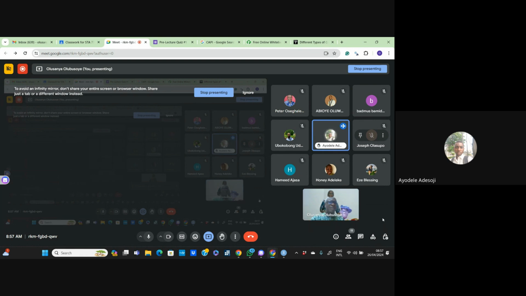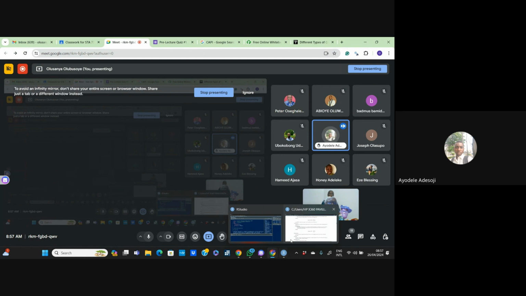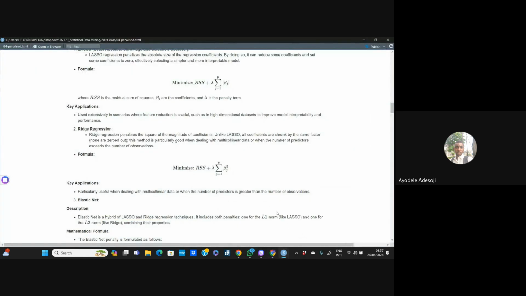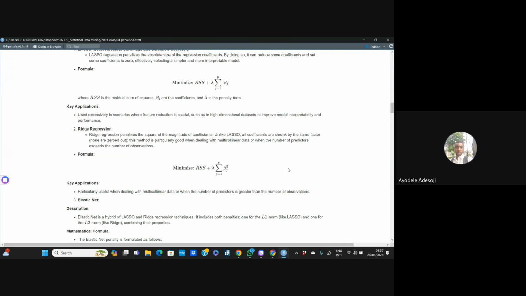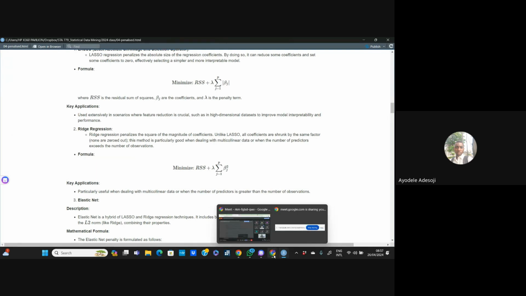I want to ask if you could speak more to that statement that when we have more features compared to the number of observations, does it mean that we can't use this kind of method when we have big data, where the number of observations is very large?